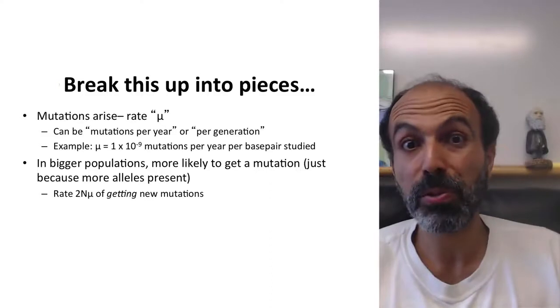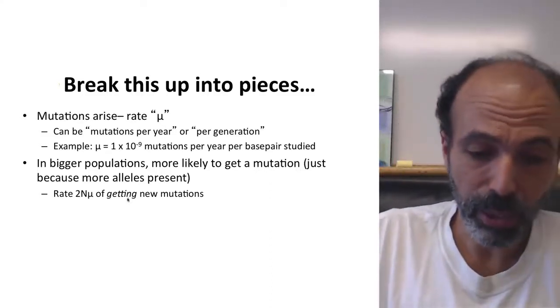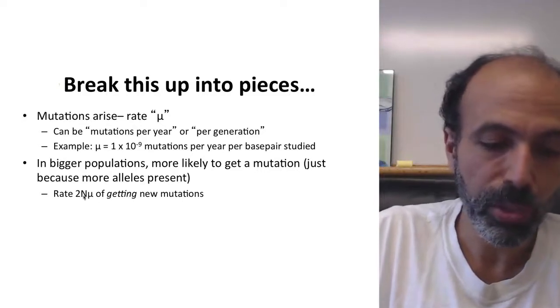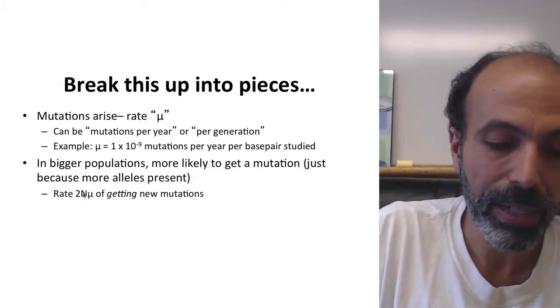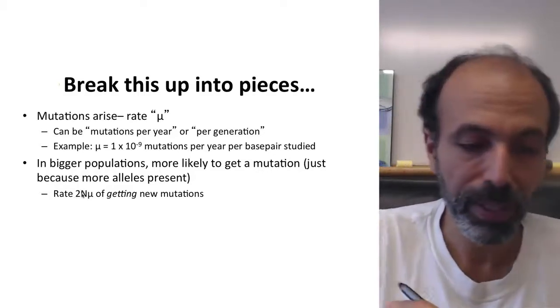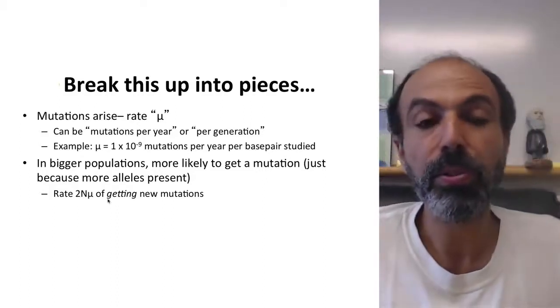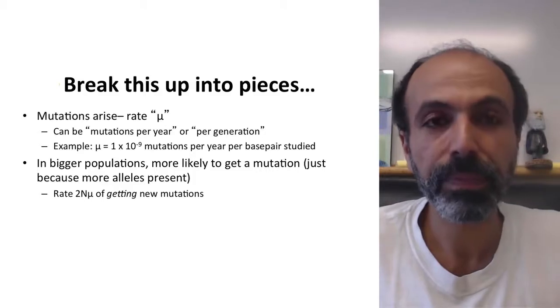The more chromosomes you have, the more chance that the mutation will arise. So the rate of getting a new mutation in a population might be 2N mu. So 2N is the number of chromosomes, because N is the population size, 2 because it's diploid, every individual has 2 copies of it, and mu is that rate per chromosome. So it's the rate per year per base pair studied on an individual chromosome.